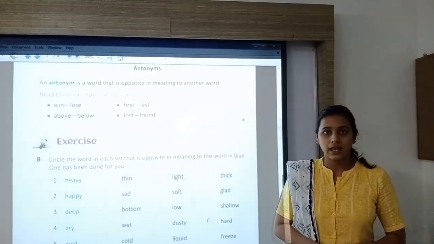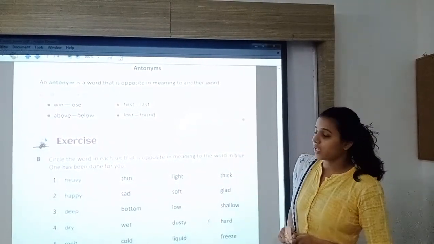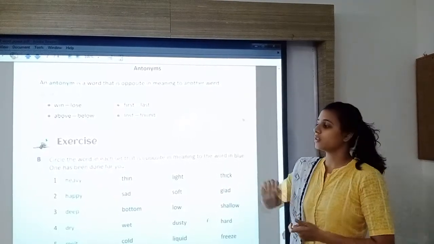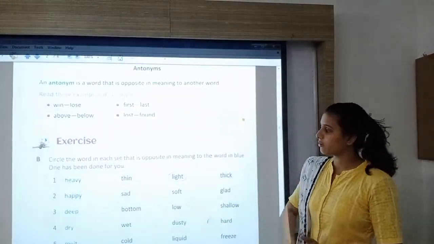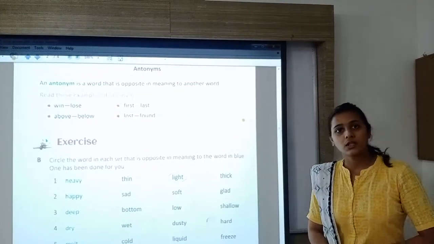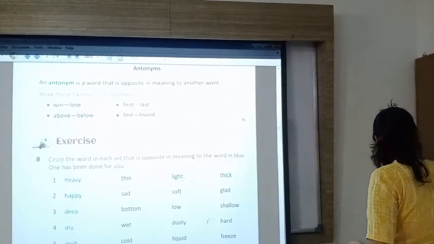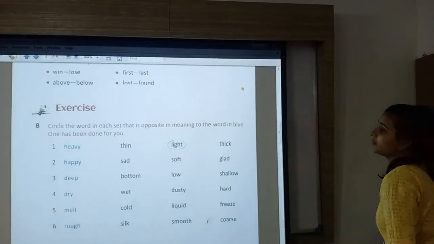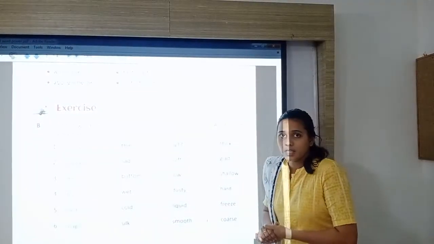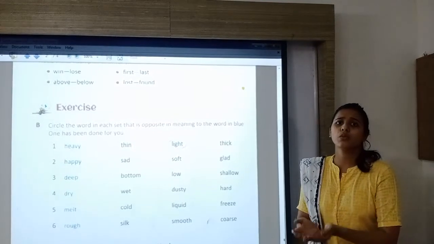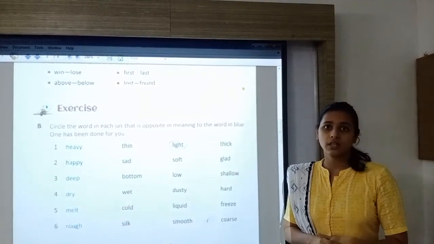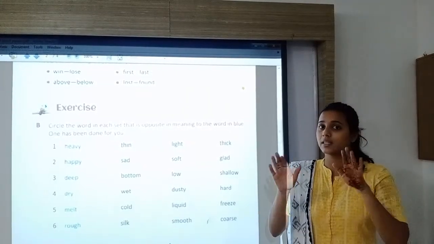Now let us see the exercise in which we have to find the antonym, that means the opposite word, for these words. The opposite of heavy will be something which has less weight.